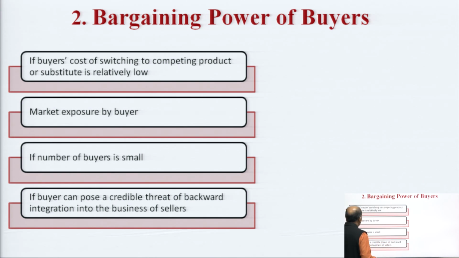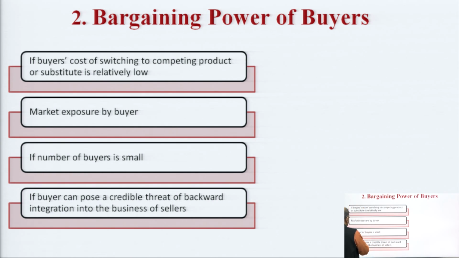For example, take food items sold to an airline. Here the airline is a buyer purchasing something from an FMCG company. This buyer, the airline, is interacting with a different class of consumers, and this exposure is not easily available to the FMCG company. So in this case, this exposure could give more bargaining power to the airline.